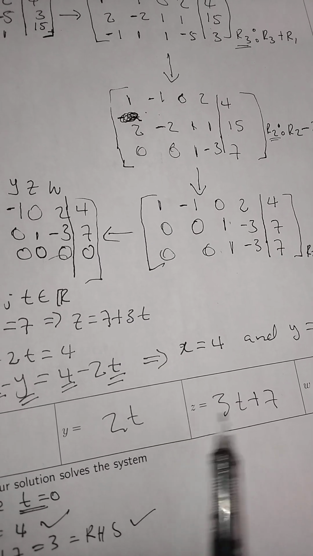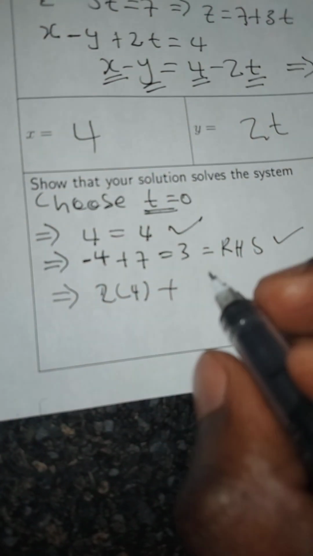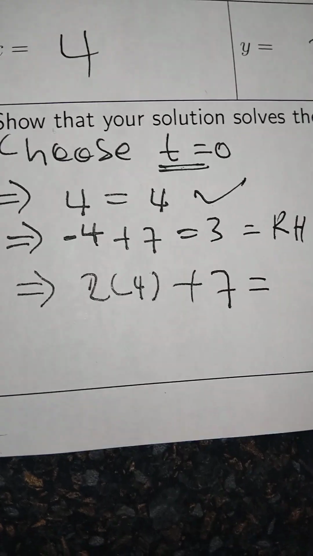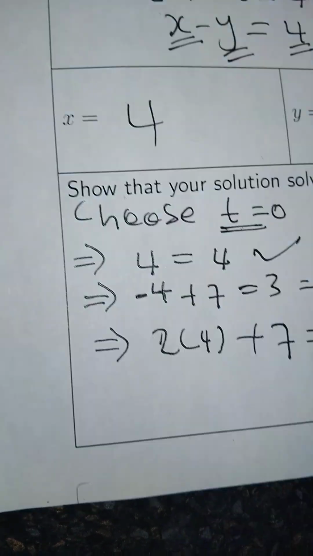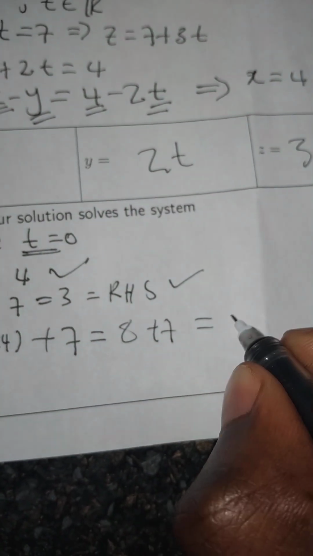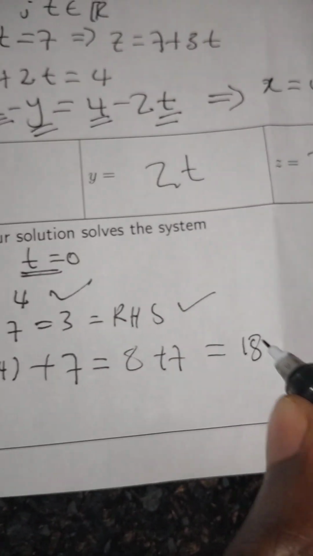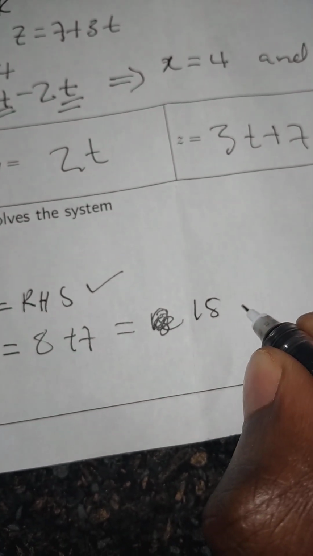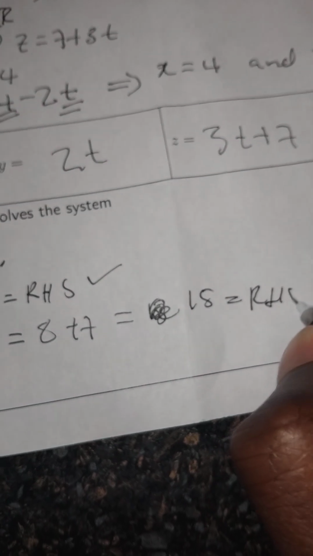So we said w will go away, then z is 7, so plus 7. 2 by 4 is 8. 8 plus 7, that is 15, which is the same as the right hand side. So that also satisfies our equation.